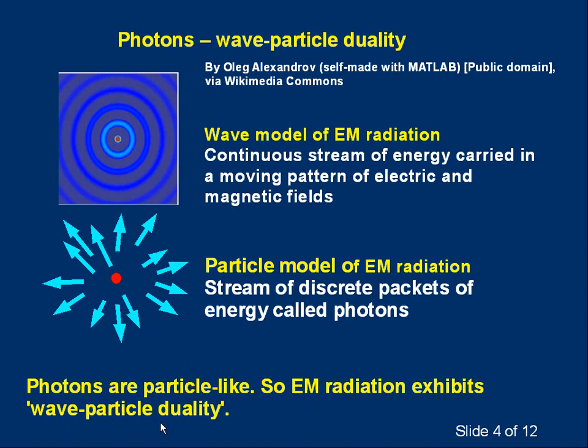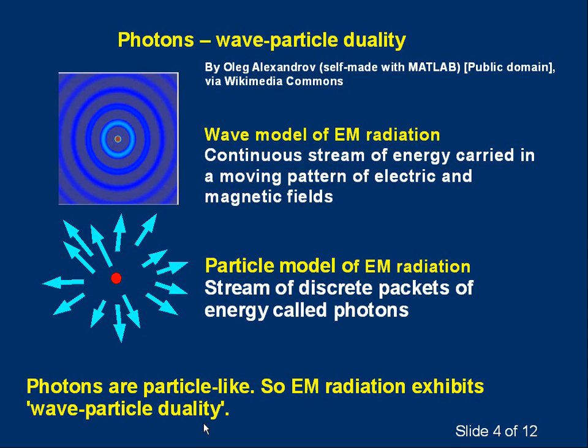It can behave both ways. Dual means two. So we call the fact it can behave both ways wave-particle duality. And when you learn quantum mechanics, you'll learn more about that. You'll learn that even things we think of as particles, like electrons, can also sometimes behave as waves. But that's out of the scope of the present lesson.